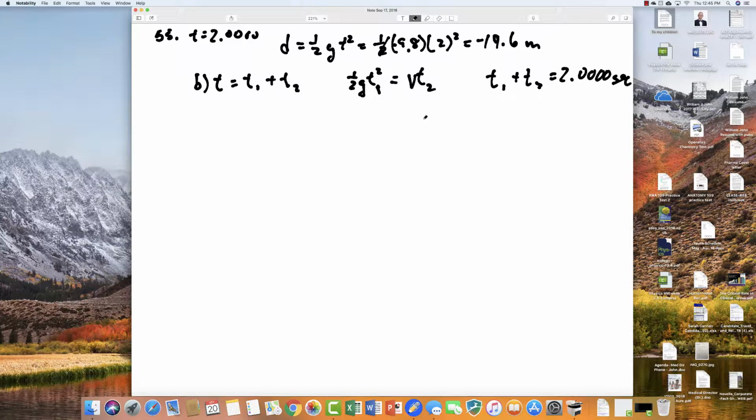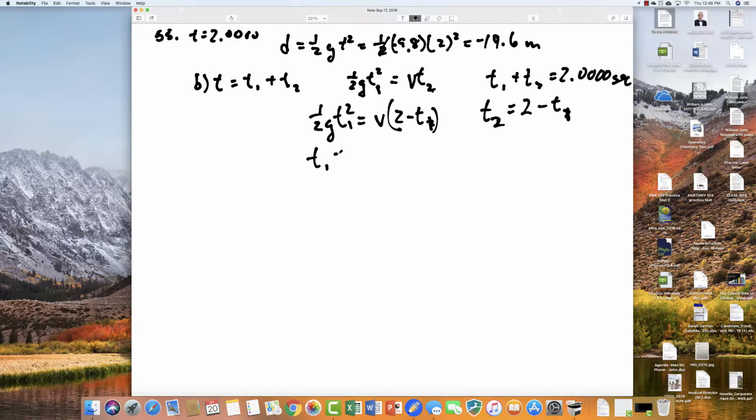And so the easiest way to do this is to convert everything to T1. And so we say that T1 is equal to 2 minus T2. And then we substitute that in here. Is equal to V times 2 minus T2. Then we use this equation to calculate what T1 and T2 are.